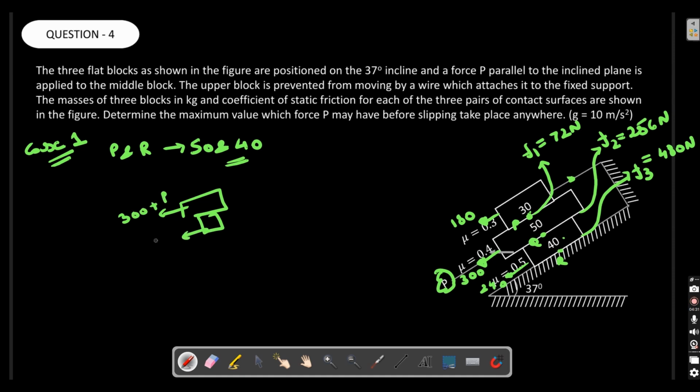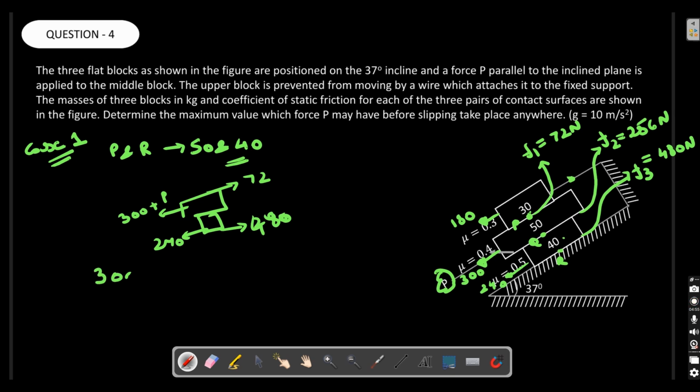Here you have 240, here you will have friction, that is 72 Newton, and at the ground you will have 480 Newton. And between them, the 256 Newton will cancel out each other. The friction is 480.